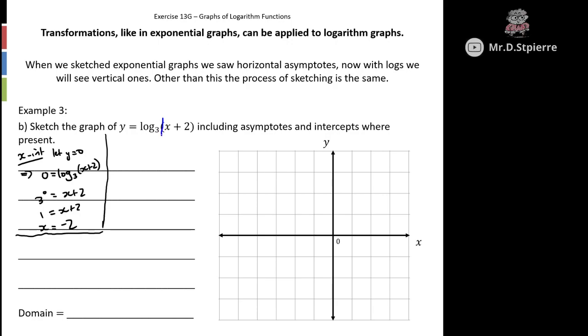Now I'm going to put my blue box in here that we talked about. And we're going to find our asymptote. So our asymptote is when our box is equal to 0. So it follows that we let x plus 2 equal to 0, so we get x equals negative 2.